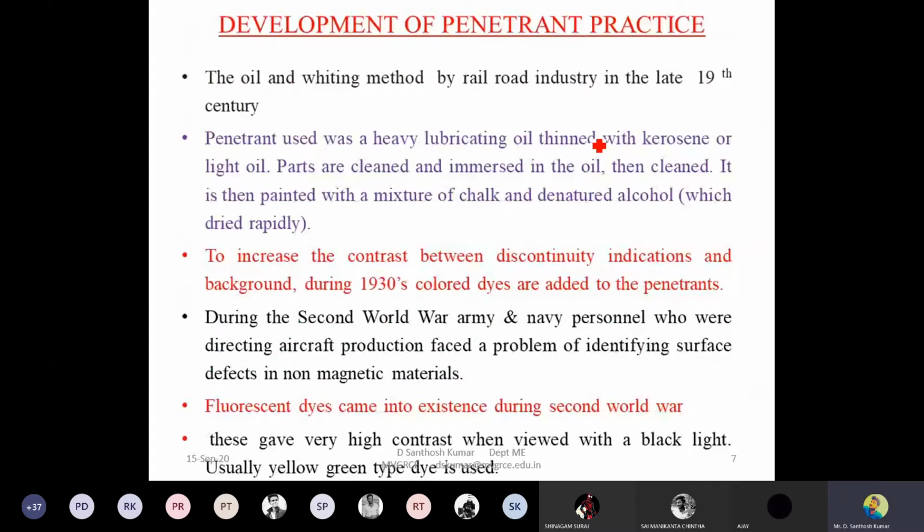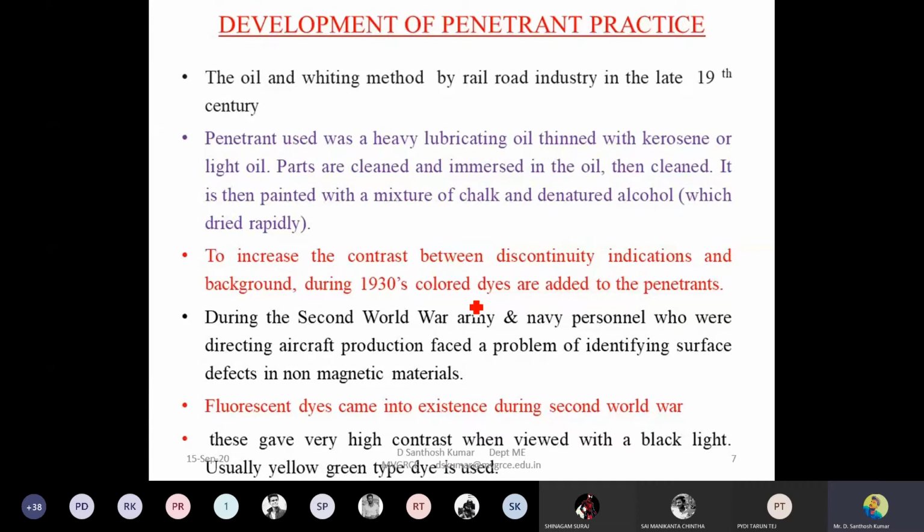Okay, I think I have already covered the development of penetrant practices. Initially we had only oil and chalk pieces, with which we simply tested the components. Later, they used colored dyes around the 1930s. After that, they used fluorescent dyes. Obviously, technology varies depending on the situation, because if cracks are very narrow in size, it is very difficult to identify them with a color dye.